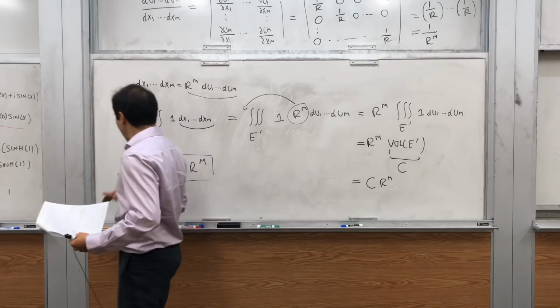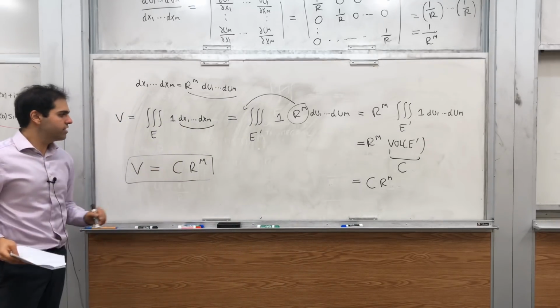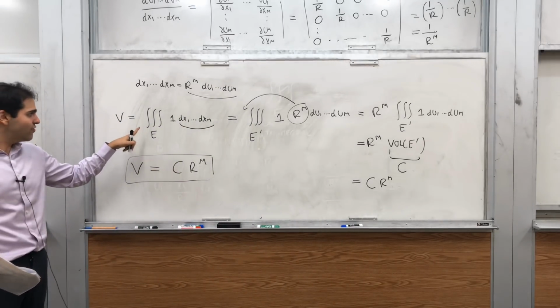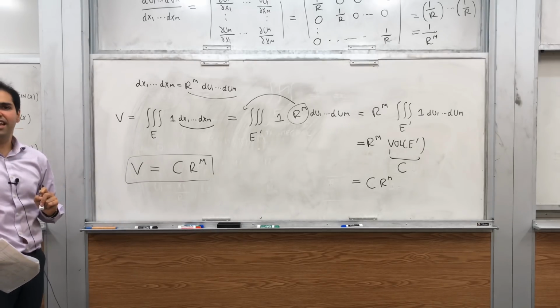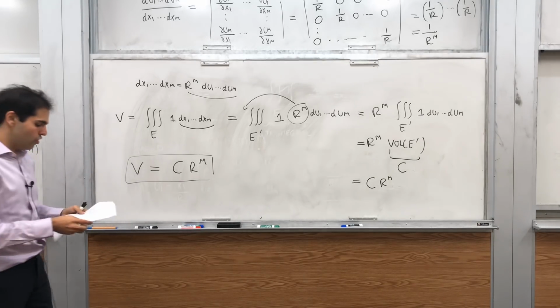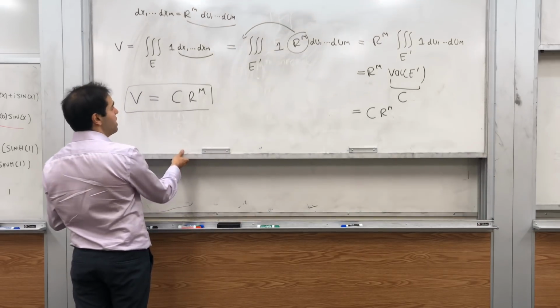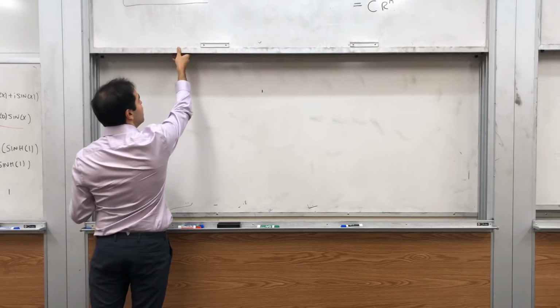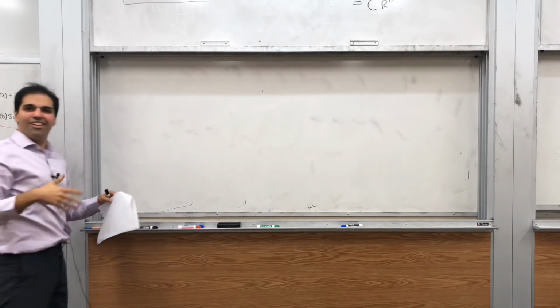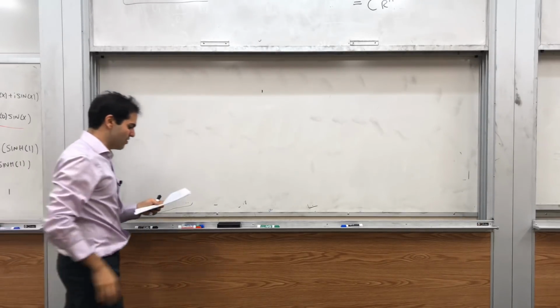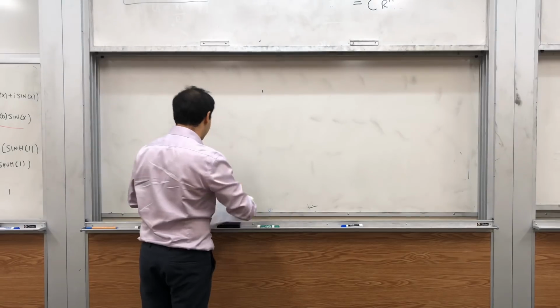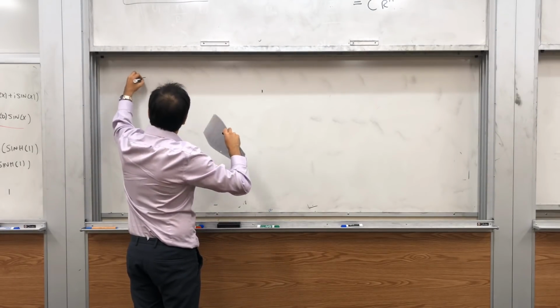On the one hand, we've shown that the volume scales as r to the m. But now let's find another way of calculating that volume in terms of the surface area. And this is where we need a theorem that relates an integral with maybe an integral over the surface area. So, step 2.